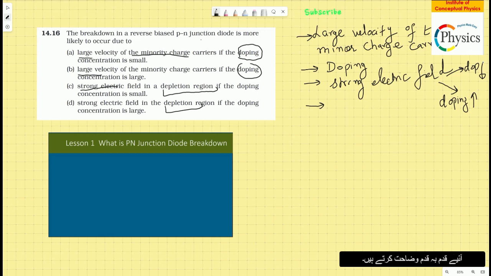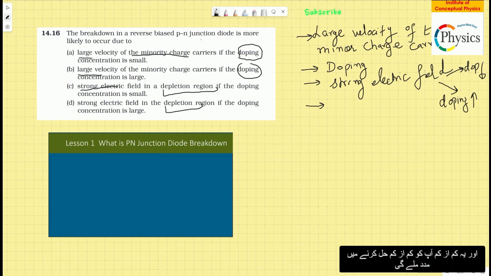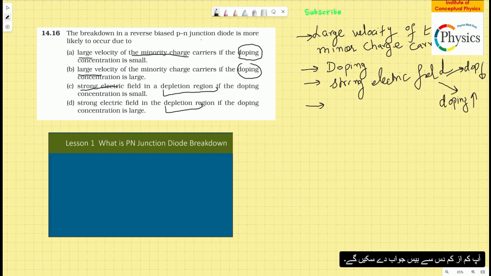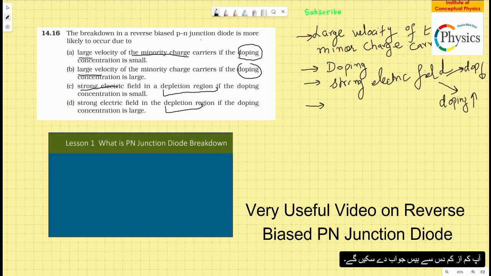Let's go through a step-by-step explanation, and this will at least help you solve 10 to 20 multiple choice questions you can expect to get in board examinations, state board examinations, AP physics, SAT physics, CBSE, any board, any part of the world you are in. You will be able to answer at least 10 to 20 questions when it comes to a reverse biased PN junction diode. So I will go in steps.